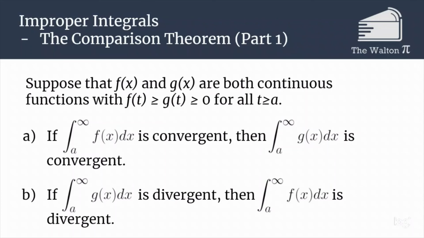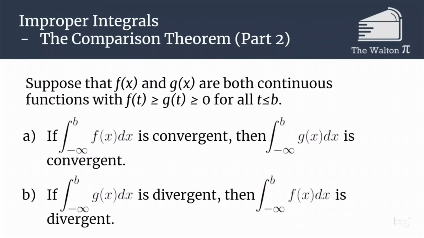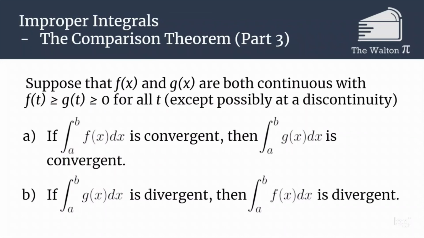So this one is the integral from a constant to infinity. The same thing would happen for the integral from negative infinity to a constant. It's the same situation. If f is convergent, then g is also going to be convergent, or if g is divergent, then f is divergent. And then the same thing will happen if we have discontinuities, where f is always greater than or equal to g, with possible exceptions at discontinuities.